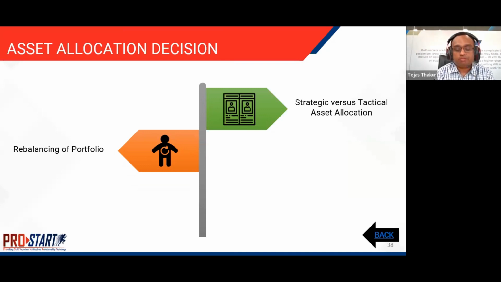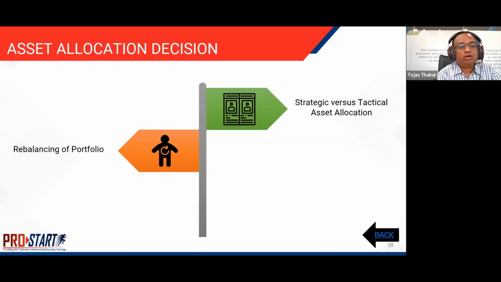This could be a strategic asset allocation decision, but there could be short-term tactical asset allocation decisions also to take advantage of the opportunities that arrive in the short term. And therefore, despite a strategic asset allocation being a very long-term kind of asset allocation, those can be changed a little to accommodate the tactical asset allocation decisions.